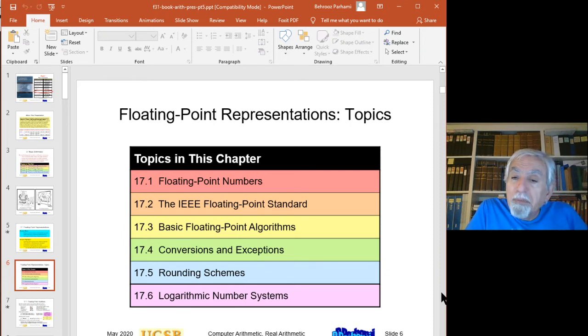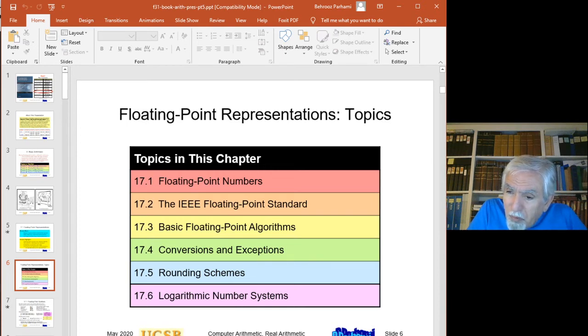So this lecture deals with floating point representations. Floating point is basically a way of representing real numbers in computers, but it's by no means the only way. We'll see some other methods in 2 lectures from this one, the lecture after the next one.